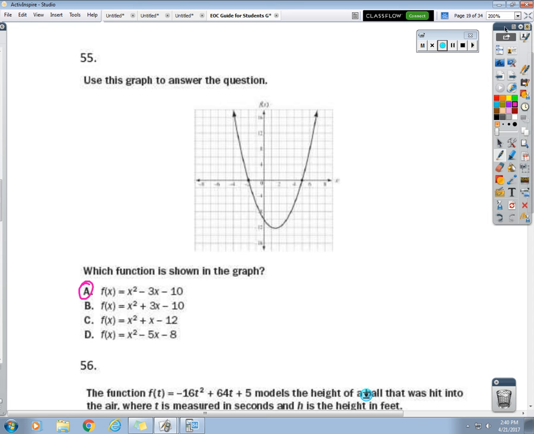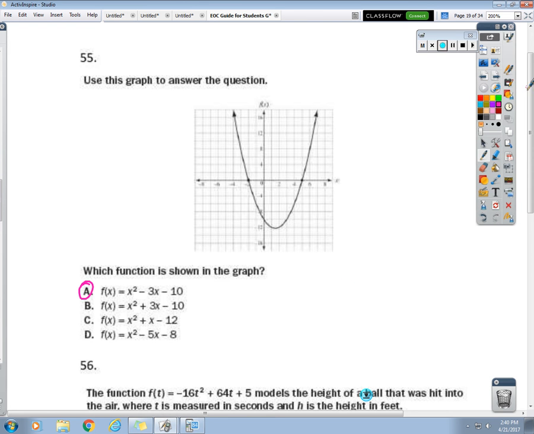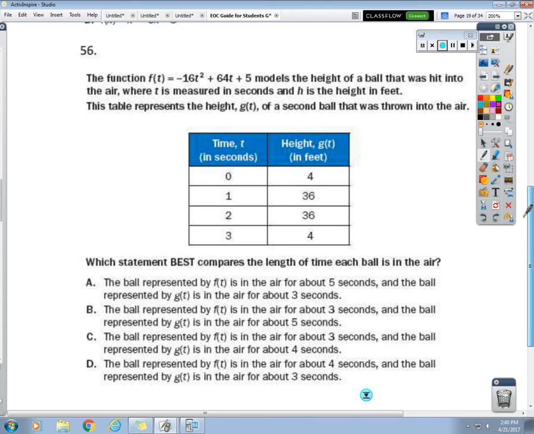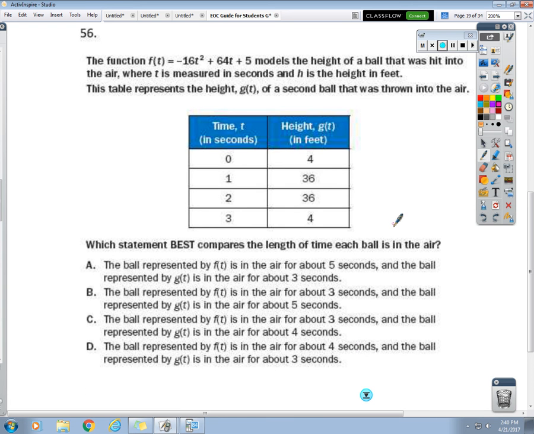All right, number 56. The function f of t equals negative 16t squared plus 64t plus 5 models the height of a ball that was hit into the air, where t is measured in seconds and h is the height in feet. The table represents the height g of t of a second ball that was thrown into the air.